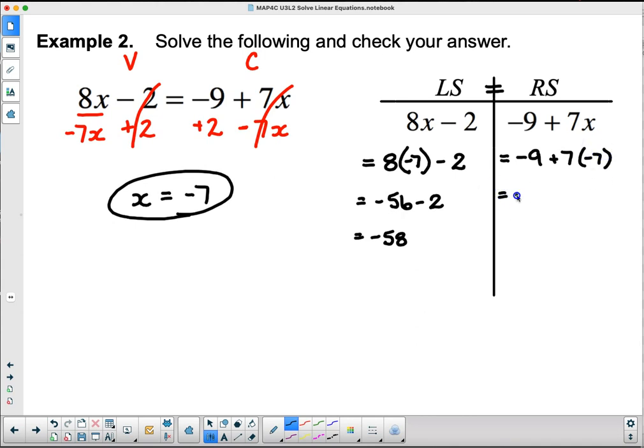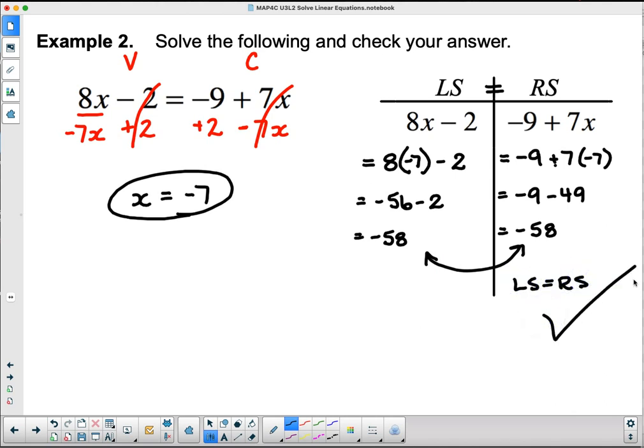Remember your order of operations. I have to do the multiplication before I do the addition, and +7 times -7 is -49. -9 plus -49 is -58. And yippee! It looks like left side does equal right side, so I got the right answer. Give myself a big check mark.